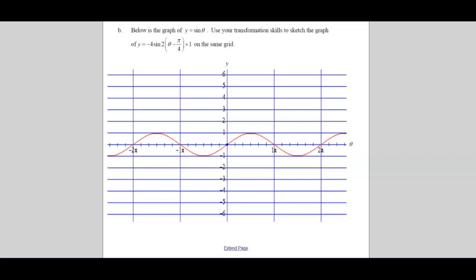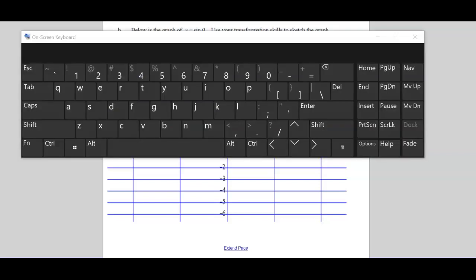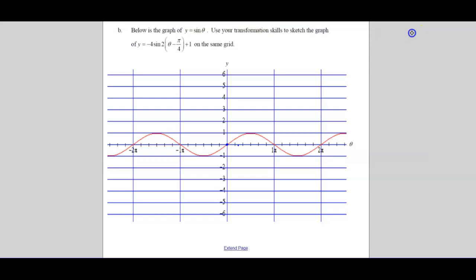But I have to go pi over 4, so you need to divide this into 4 parts. Really, every 1.5 grid markings is a quarter of pi. So I have to move this point to the right pi over 4, and up 1.